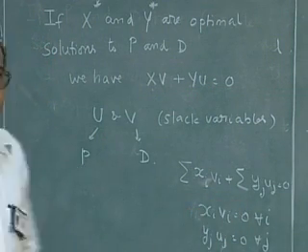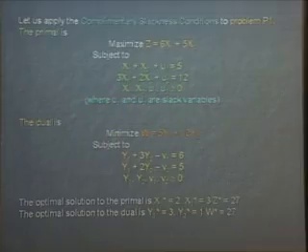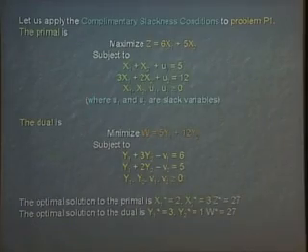Now, let us go back to the complementary slackness condition and try to learn a few more things about it, considering the same example that we have. We maximize 6x1 plus 5x2. So, let us write the same example here.